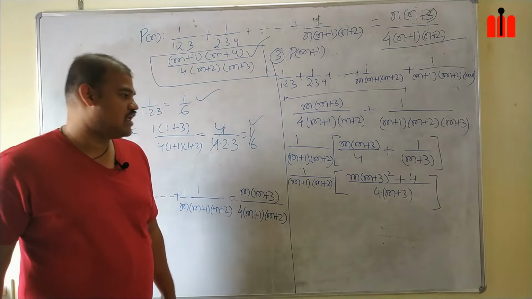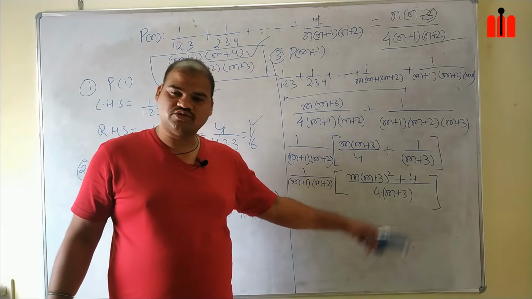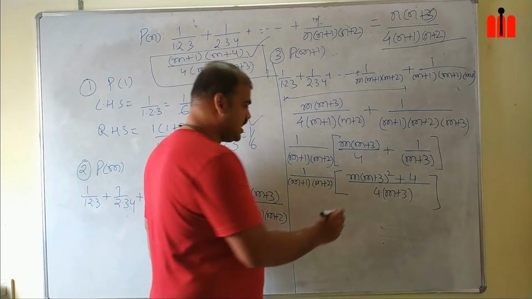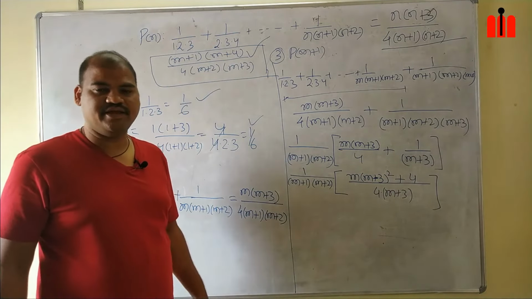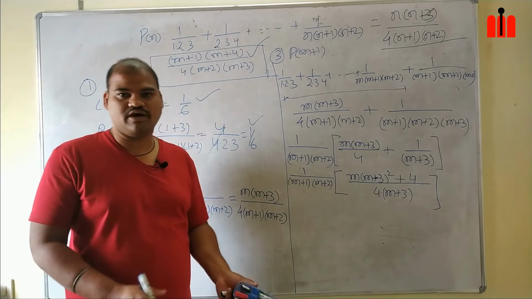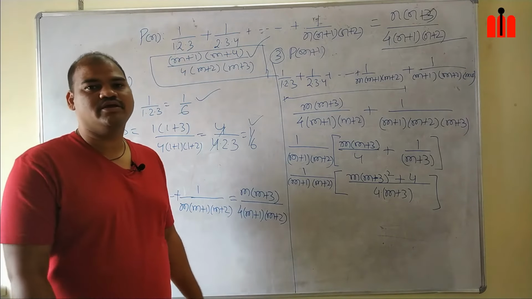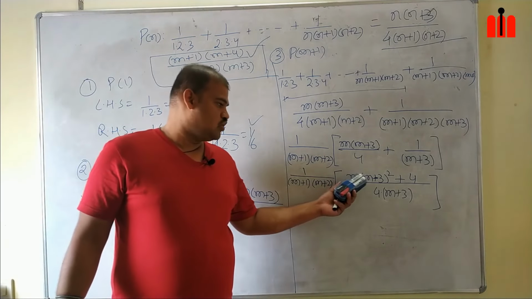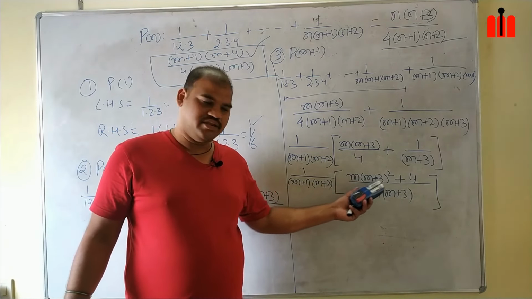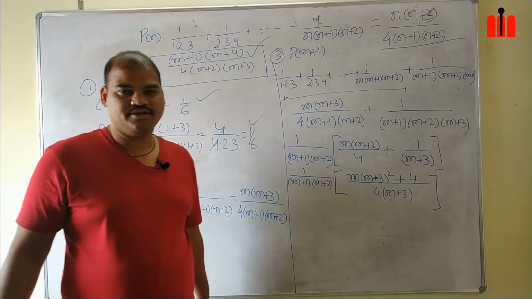Now m plus 3 whole square expansion is m square plus 6m plus 9. It is the a plus b whole square formula, a square plus 2ab plus b square. In m square plus 6m plus 9, you multiply this m inside.